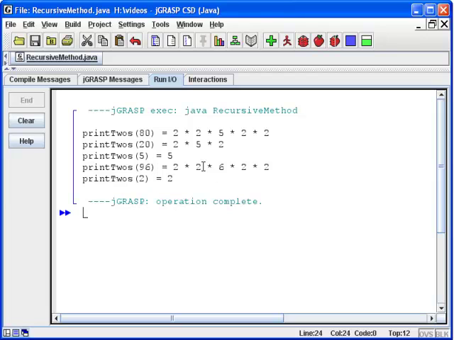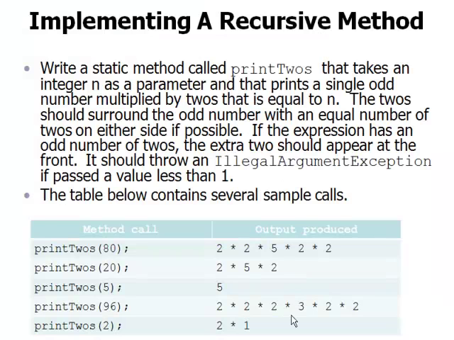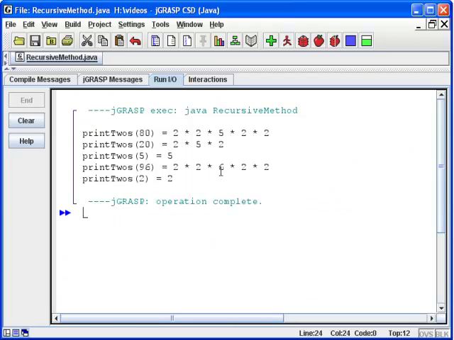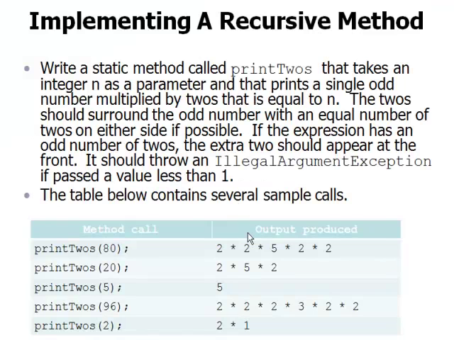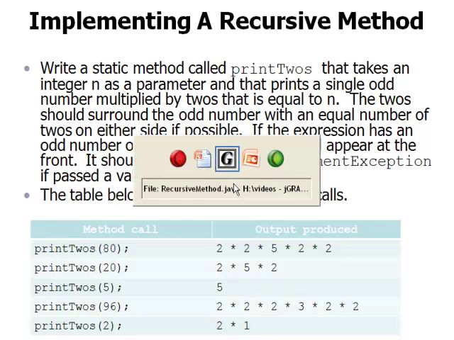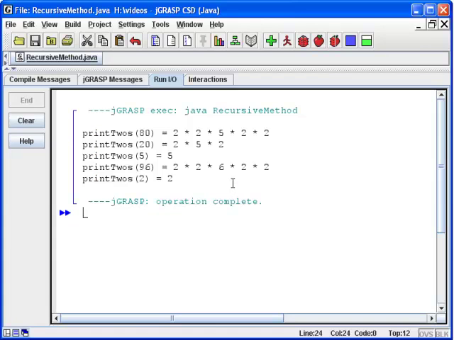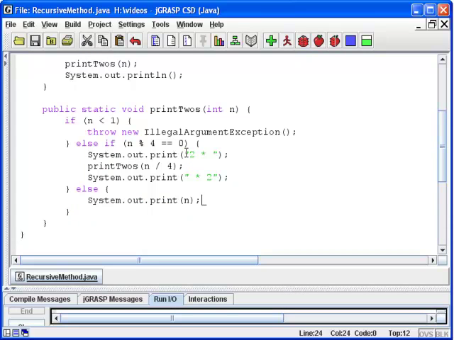Instead of getting 2 times 2 times, this 6 should be expressed as a 2 times 3. If you look in the table, we have a 2 times 3 here, where in our sample output we have a 6. And the number 2 is supposed to be expressed as 2 times an odd number, so that's not correct either. So we've missed a case here. We did a pretty good job with what we have so far. These are the cases where we have a 2 in front and a 2 in the back.